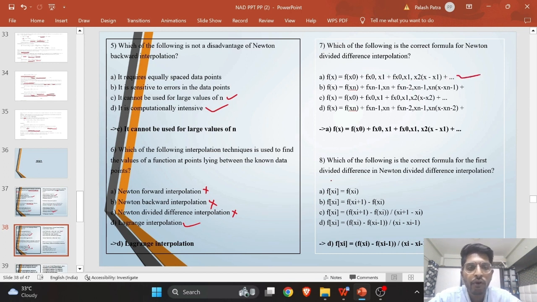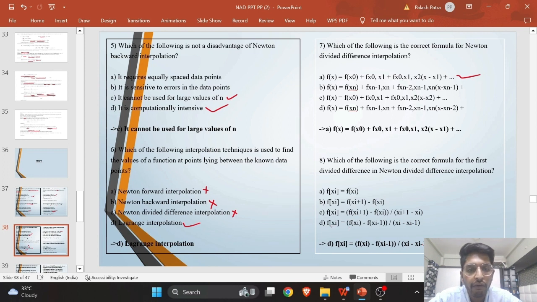Now let's move on to question number 8, which asks: which of the following is the correct formula for the first divided difference in the Newton divided difference interpolation? As we all know, it's the starting term minus the previous term upon the x values of the starting term minus the previous term.